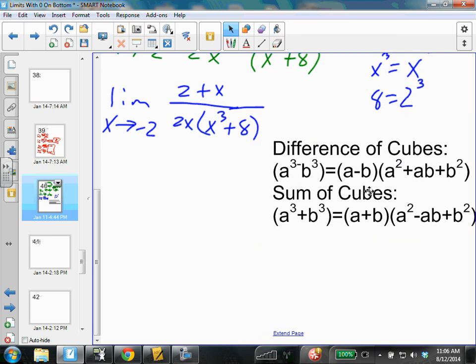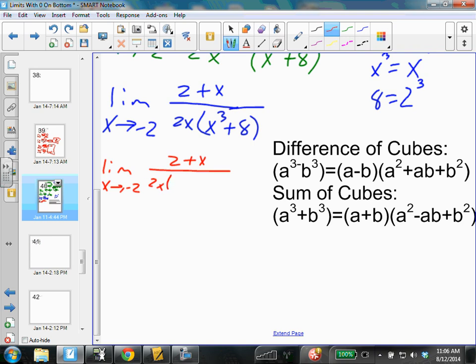So this is going to be the limit as x approaches negative 2 of 2 plus x over 2x times... And then this thing right here is going to factor out. Now, what's my a in this case? Yeah, a is x, right, because it's x cubed. And b is 2 because it's 2 cubed, right? Okay, so it turns into a plus b.